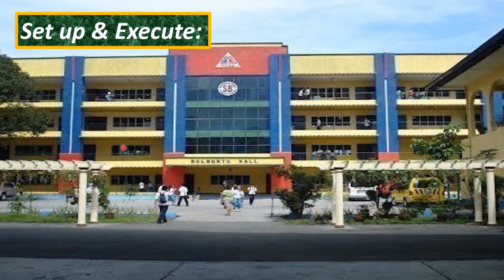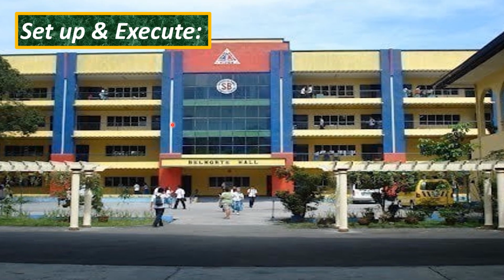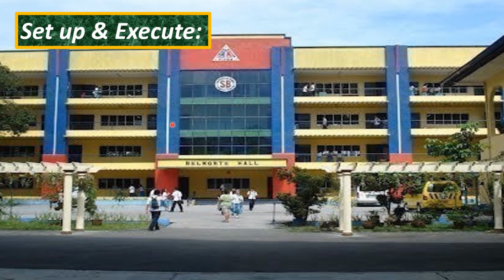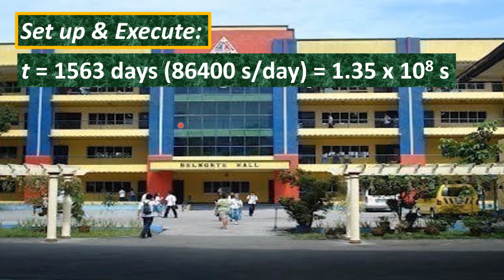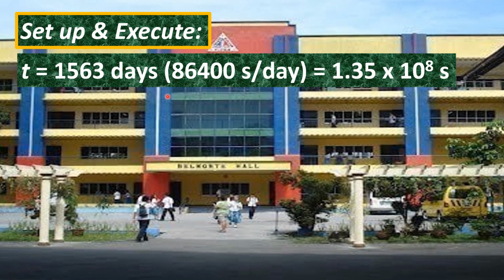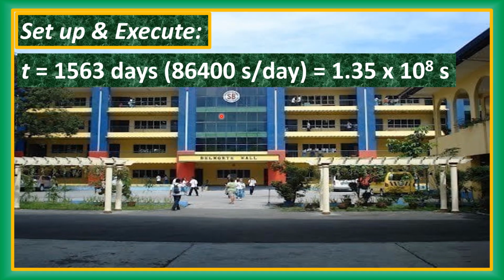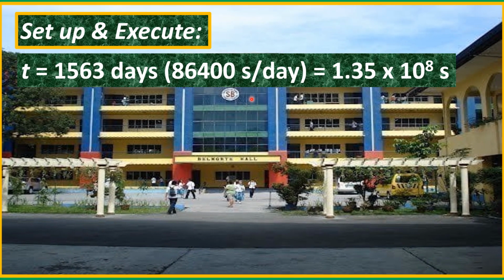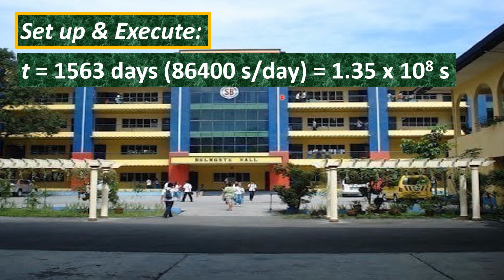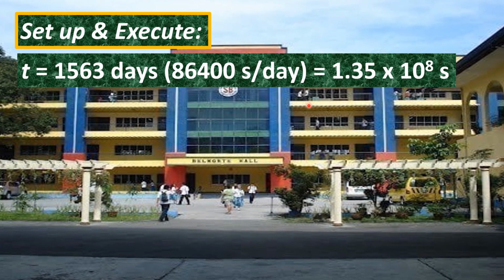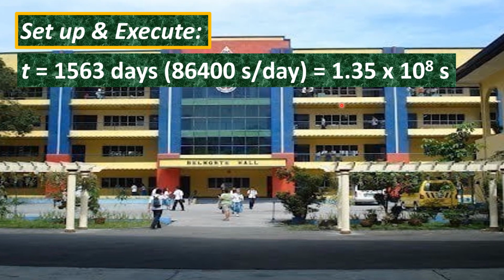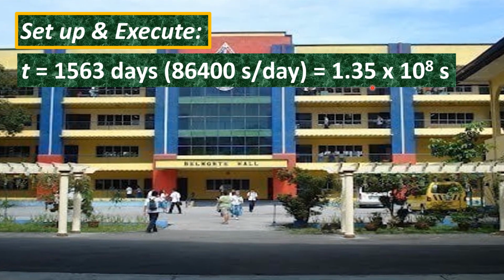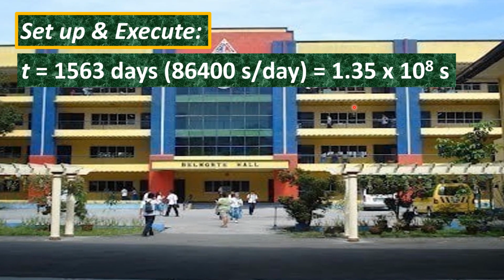Moving on to our computations, we convert the elapsed time of 1,563 days to seconds by just multiplying it by 86,400 seconds per day. So we get this time elapsed equal to 1.35 times 10 to the 8th power seconds.